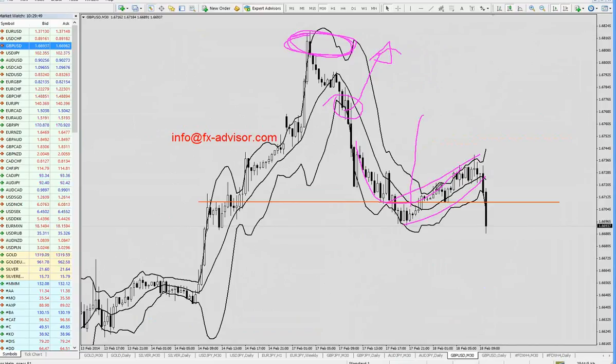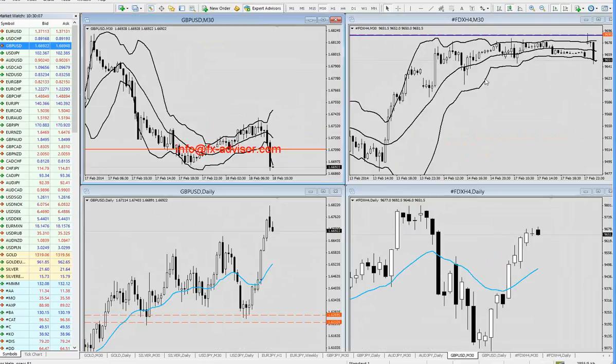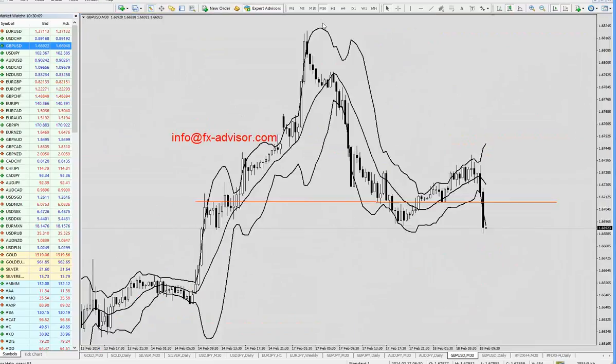Some can call it a bearish flag. Okay, we are going down here, but be careful, don't chase the prices, because right now we are approaching the support, and the big guys will try to fool retail traders.